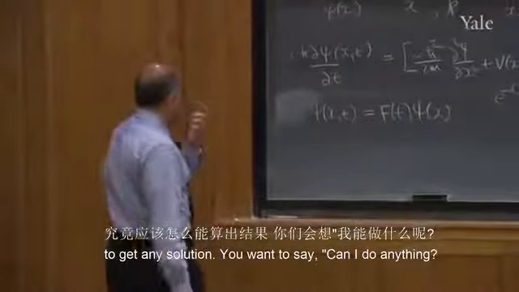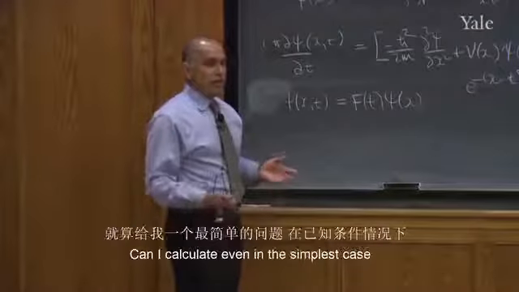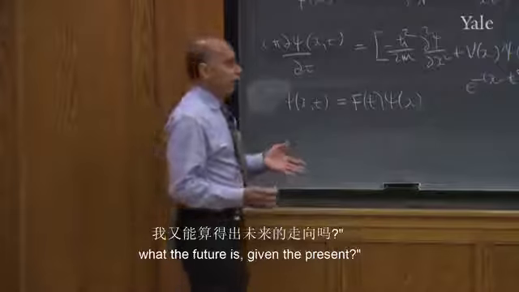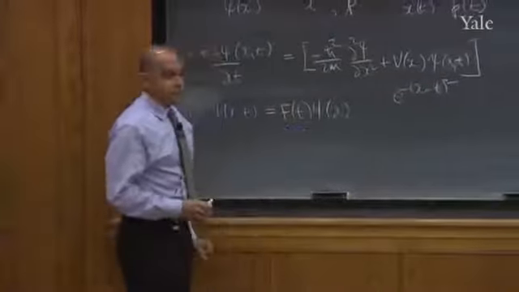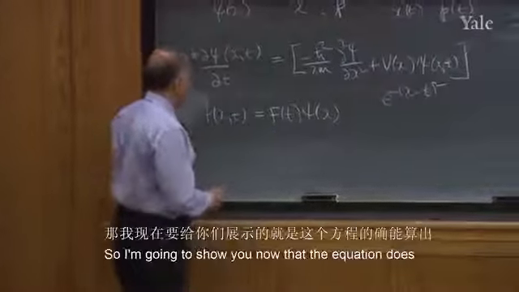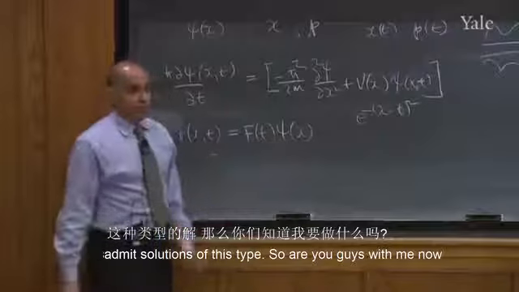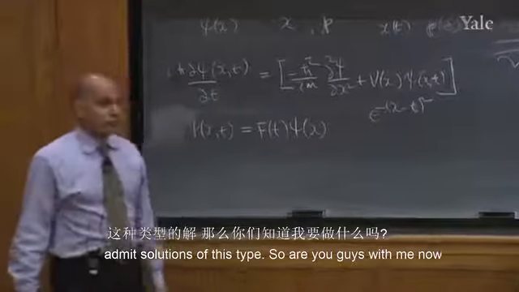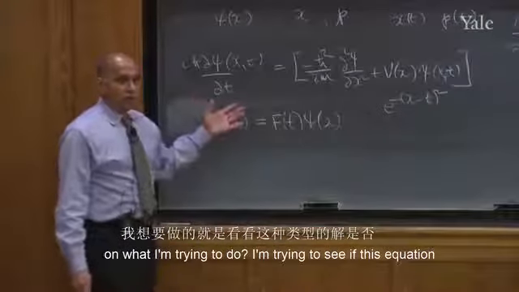Right now, you're eager to get any solution. You want to say, can I do anything? Can I calculate, even in the simplest case, what the future is given the present? You are asking, can this happen? So I'm going to show you now that the equation does admit solutions of this type. Okay, so are you guys with me now on what I'm trying to do?